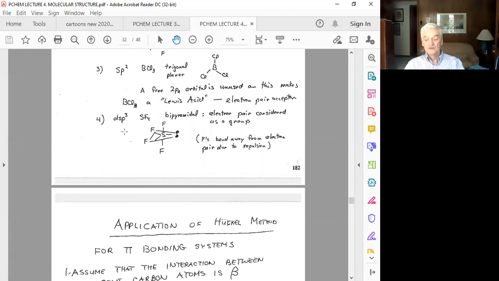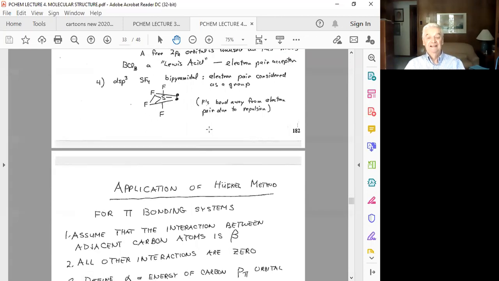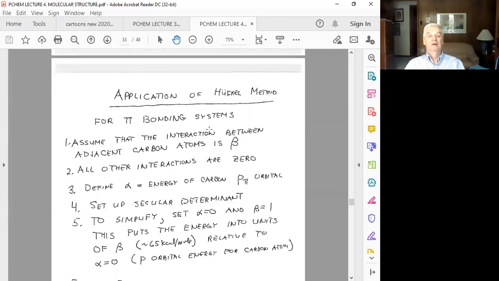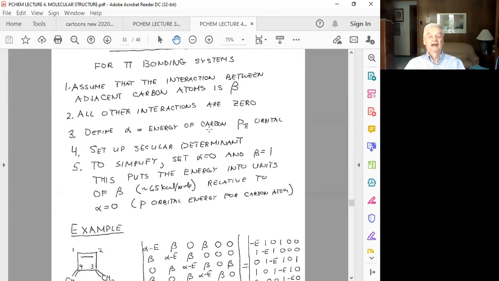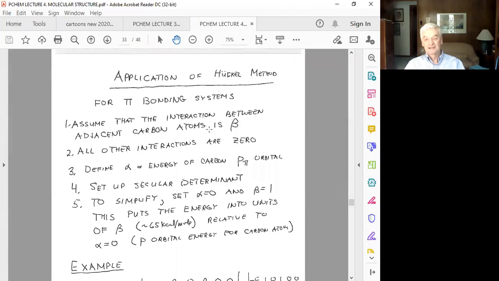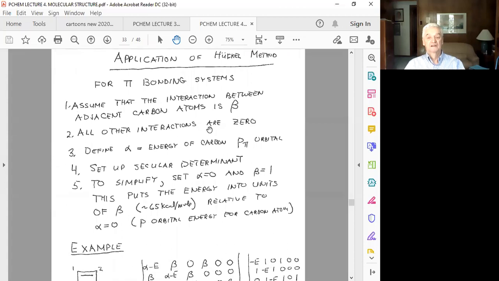Okay, by my watch, we have about 5 minutes left, so we can just get started on our last topic for bonding. I'm going to pick a case where something called the Hückel method approach works, and this applies to conjugated organic molecules.